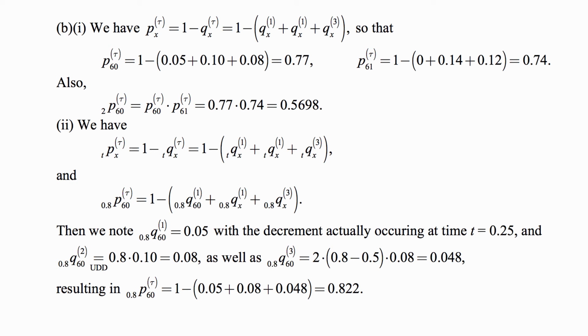And then 0.8 q63 will have a specific formula. That's 2 times 0.8 minus 0.5 times 0.08, and that's 0.048. Then we use all of these to plug in, and we get 0.8 p60 tau to be 0.822.